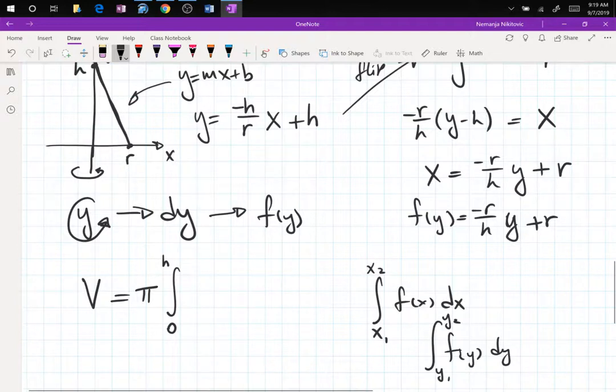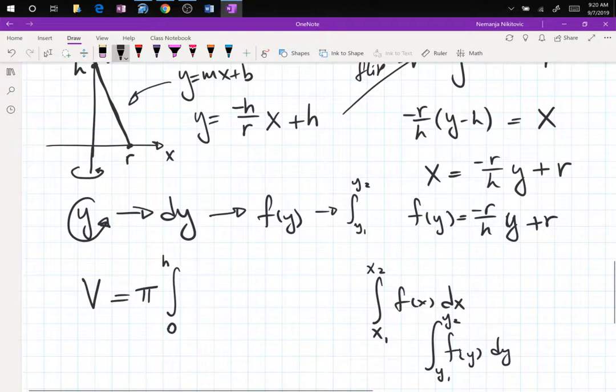It has to be x across the board and y across the board. We mix them in Calc 3, but they're still separated with some features. So x limits with dx, y limits with dy. Since I have y rotation, I have dy. Since I have dy, I have to have f of y. And if I have f of y, I better have y1 and y2 limits.